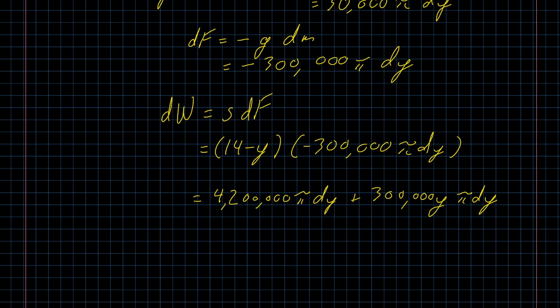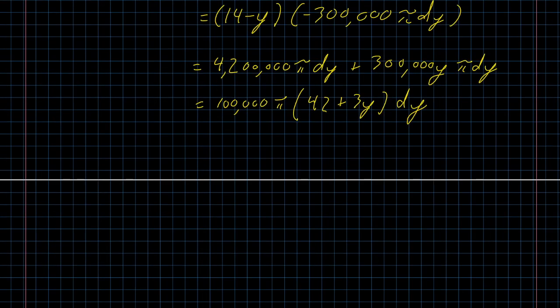I might factor 100,000 out. So we could write this as 100,000 pi times 42 plus 3y dy. And that looks a little bit cleaner, so we'll go ahead and do that.